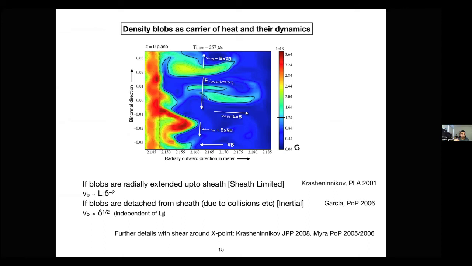We need theories on how an experimentalist can do things so that the blobs will propagate farther in this experimental or simulation region, so that the divertor heat load gets reduced. Reduced means per unit area, so that we have a flatter profile.